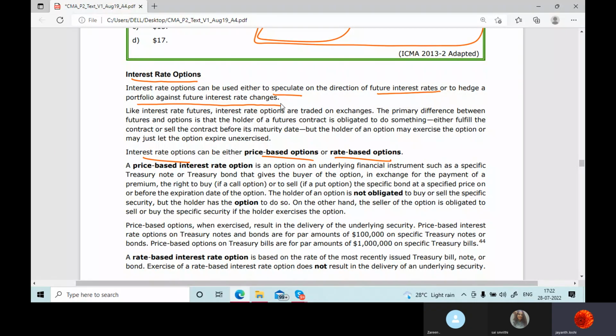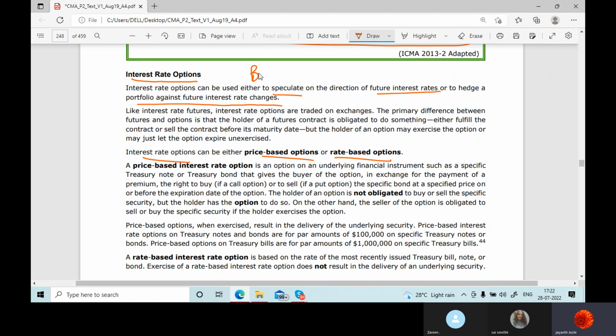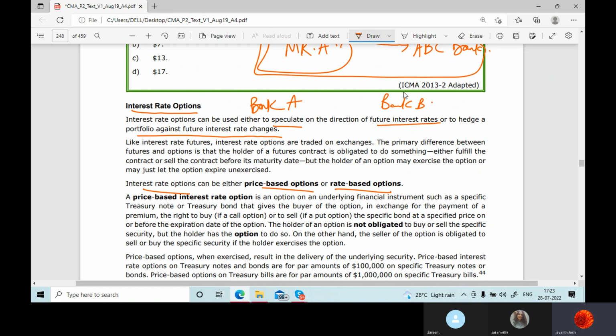So a bank can speculate that the rates are going to go high in the future, and take loans at a fixed rate. Suppose bank A wants to borrow $1 billion from bank B, not a small amount, and today the prevailing rate is 2%. It seems that after 3 months, when it wants to borrow, the interest rates can go to 4%. So what bank A can do is make an agreement.